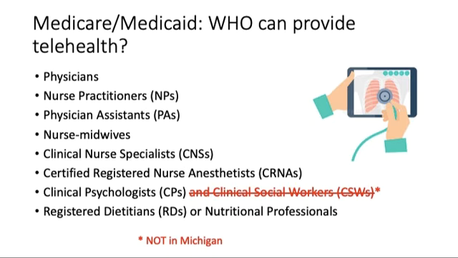Now, what I'm providing here is an overview of Medicare and Medicaid, which are public insurers. There are any number of private insurers, Aetna, Blue Cross Blue Shield, whatnot. They can decide their own standards for who gets to furnish and get paid for telehealth services.